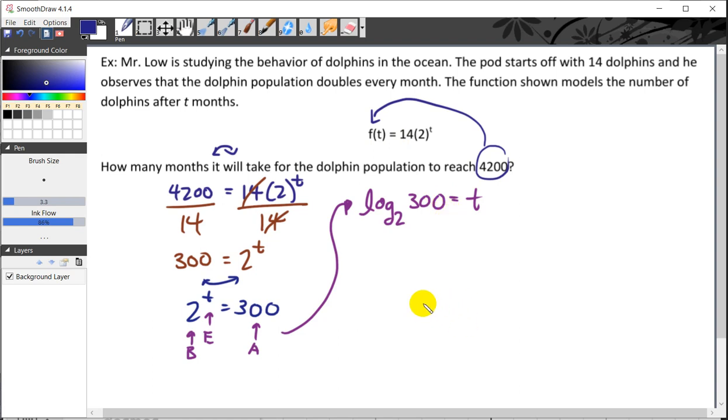Now if I asked you to actually evaluate this, we can use the change of base formula. We find log of 300 divided by log 2 equals t.